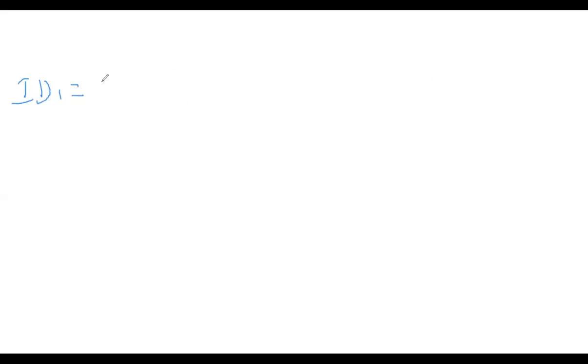Subnet ID 1 is what? 197.10.10.0/26. For ID2, what do you have to do?